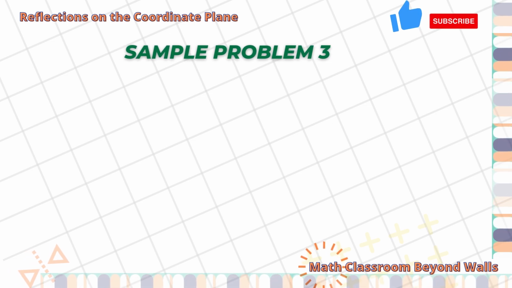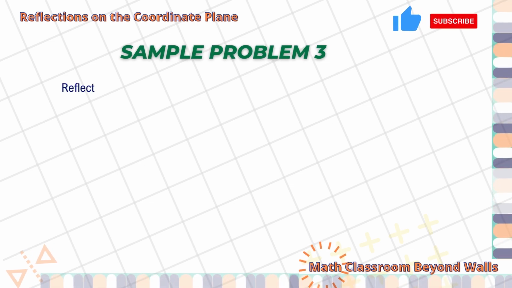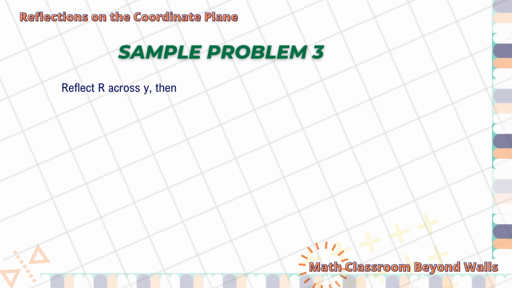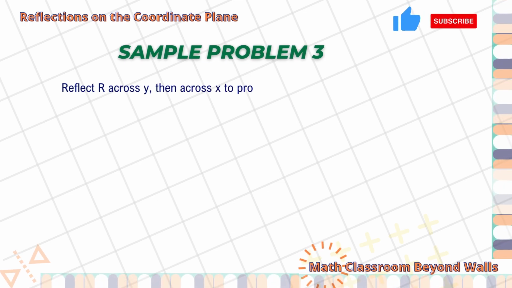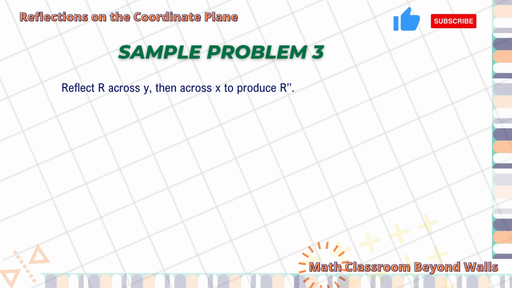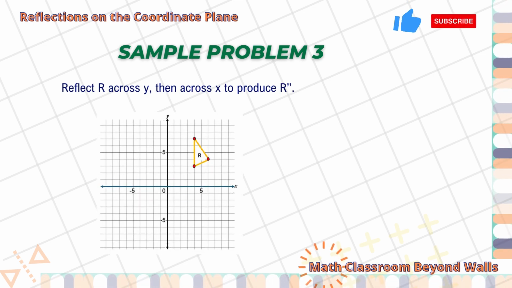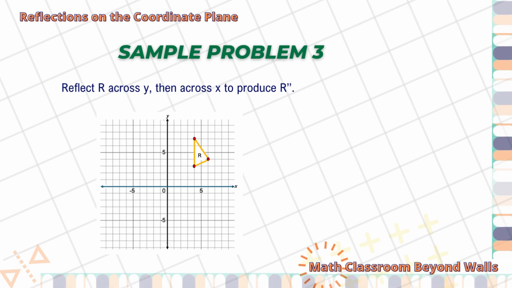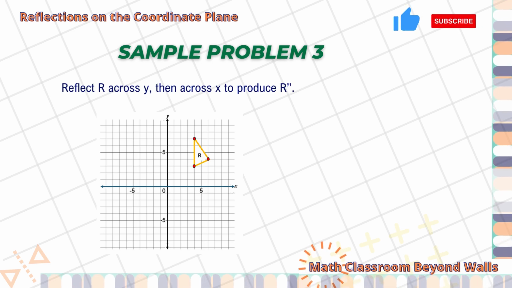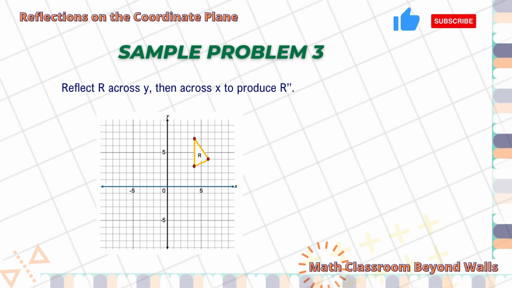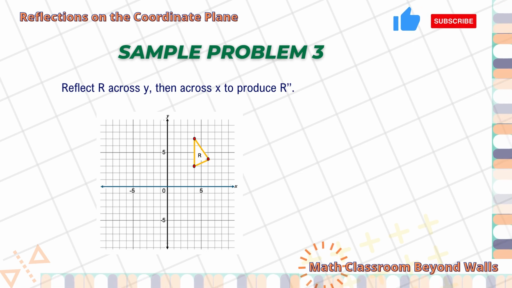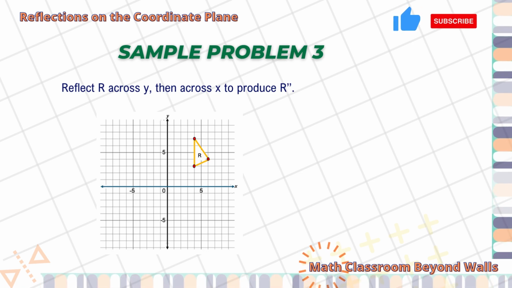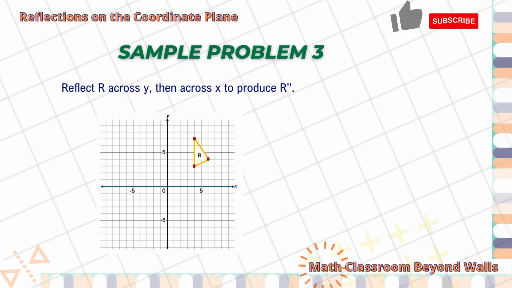Here's the problem. Reflect R across Y, then across X to produce R prime prime. As usual, we begin by reading the whole problem and may read it several times when needed to know what we are looking for, to determine what are given, and to figure out how the given information help find what we are looking for.